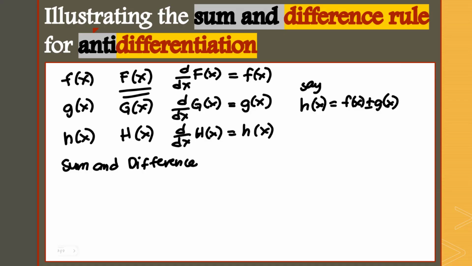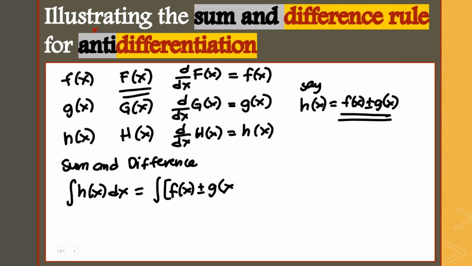This tells us that if we are going to take the integral of a certain function, let's say h of x with respect to x, but given that h of x is a combination of the other two functions, so you have the sum or difference of f of x and g of x dx, this rule tells us that we can just separate the two functions with respect to dx.